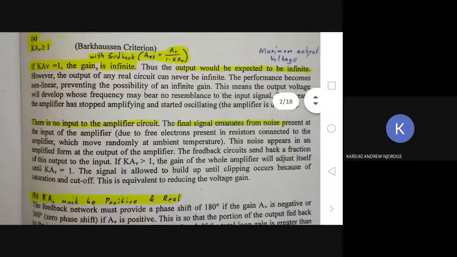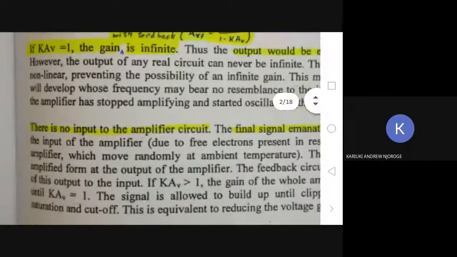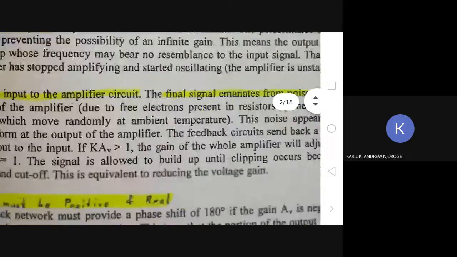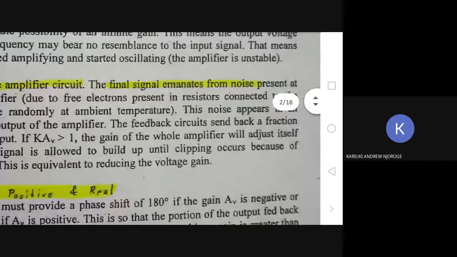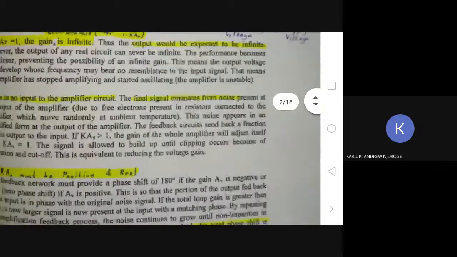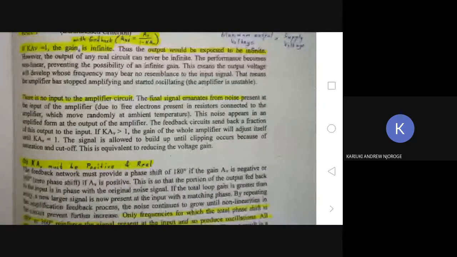He says there's no input to the amplifier circuit, and the signal emanates from the noise present at the input of the amplifier due to free electrons in the resistors connected to the amplifier, which move randomly at ambient temperature. So that's the main explanation of where the signal begins from. It's the noise that's amplified over and over again until you get a sinusoidal at the output.